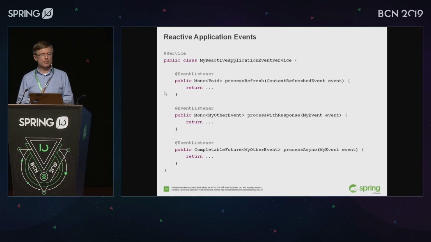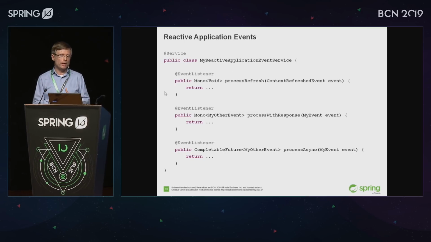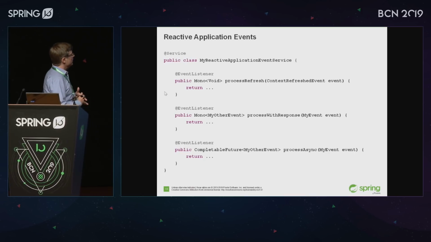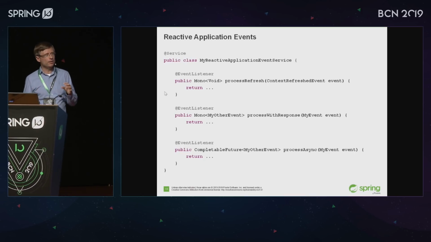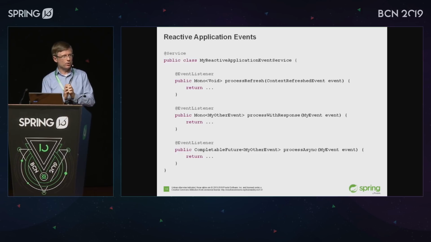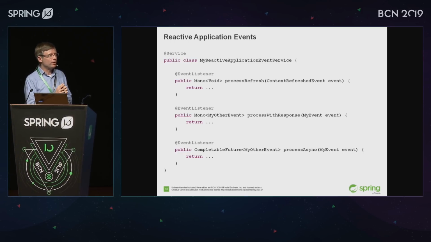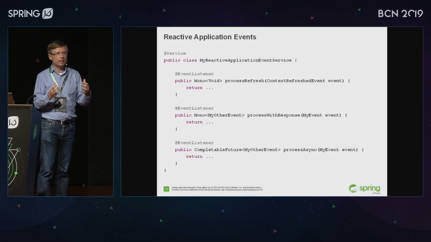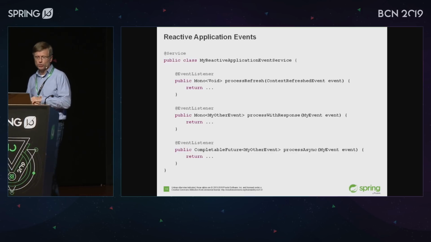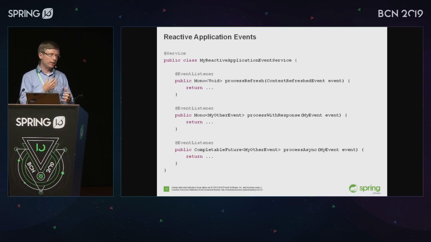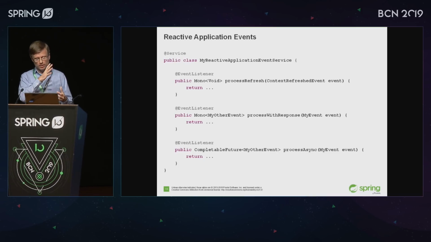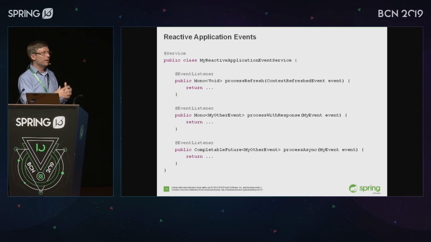So last but not least, there is also a plan for revisiting application events. The application event facility is a core part of the Spring application context arrangement, and is traditionally, well, simple in its semantics. There's a publish event mechanism where the container itself and some of the integrated infrastructure can publish events.